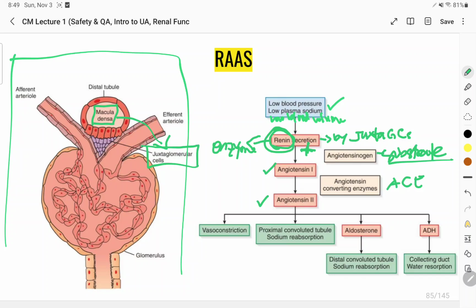Angiotensin 1 is not active, while angiotensin 2 is the active form.